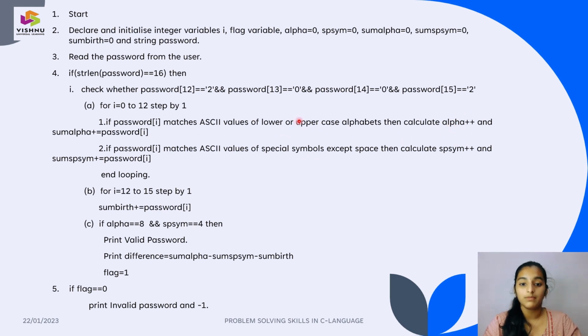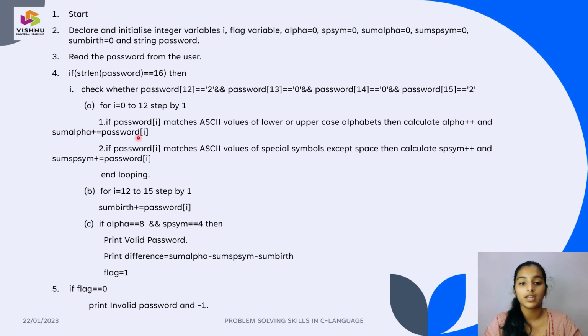Each time this condition is satisfied, we get the number of alphabets present. In sum_alpha plus equals password[i], we store the ASCII value sum of all the alphabets in the password given by the user.